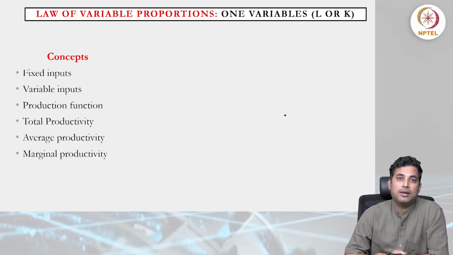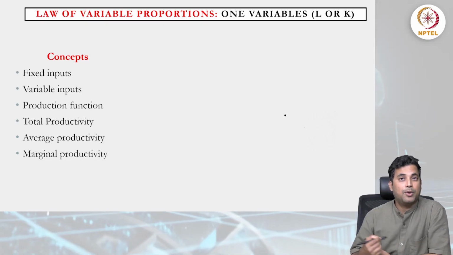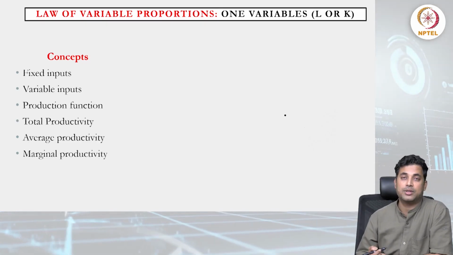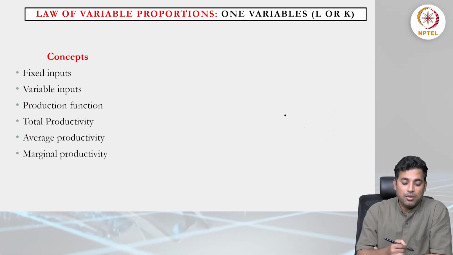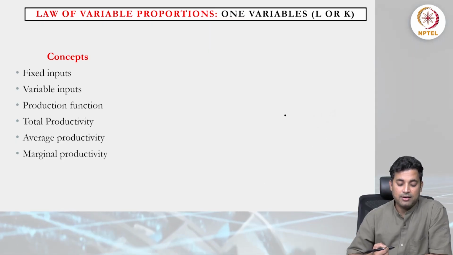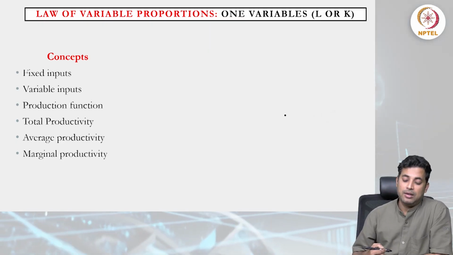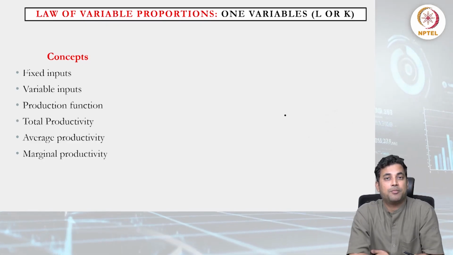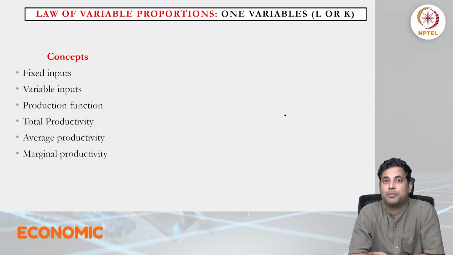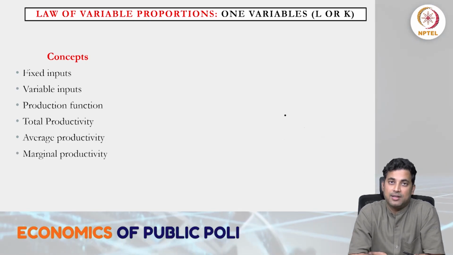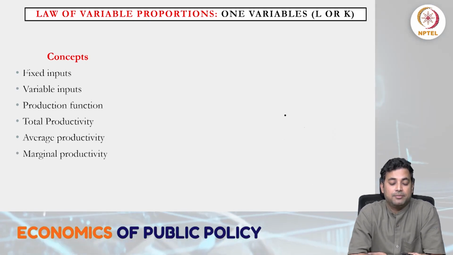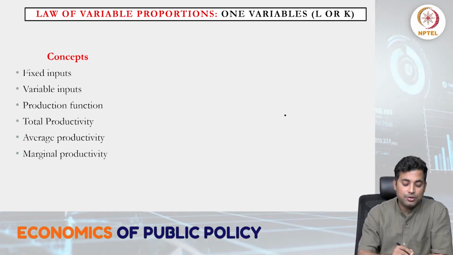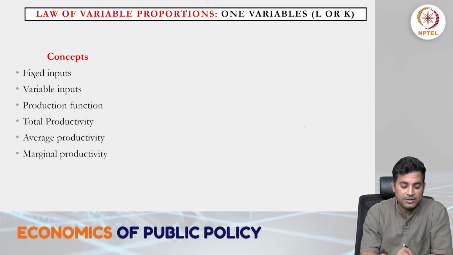So now, a couple of concepts we already know from our utility functions and also the demand functions. Let us also understand the factors of production that are required for the producer to produce goods and services, on which the supply of that particular commodity will depend. The first concept is fixed inputs.